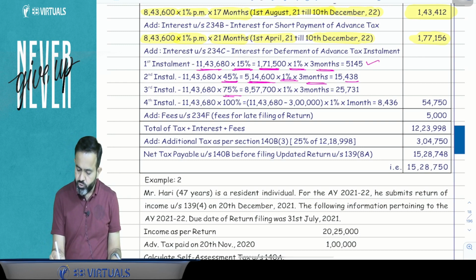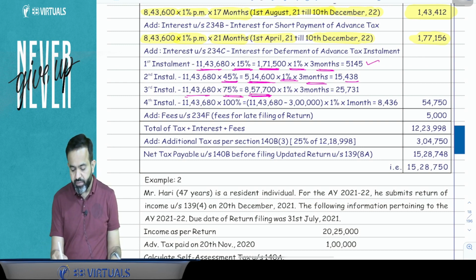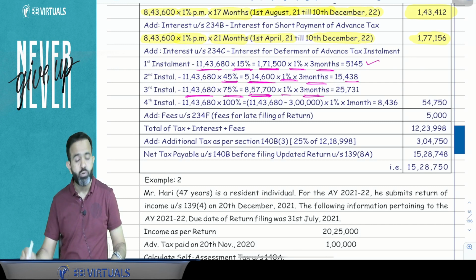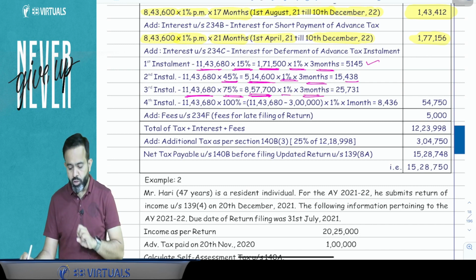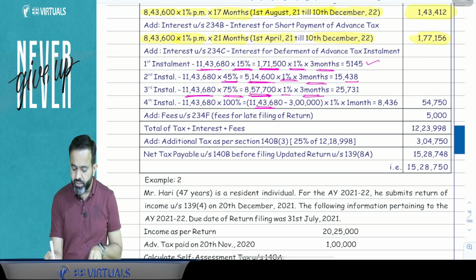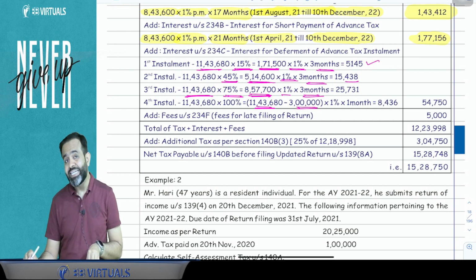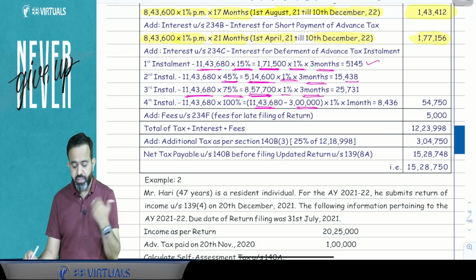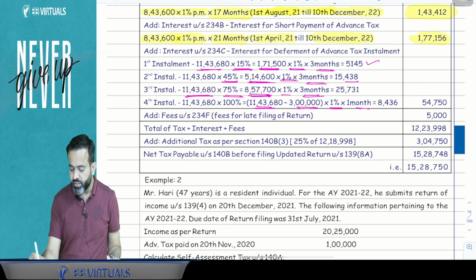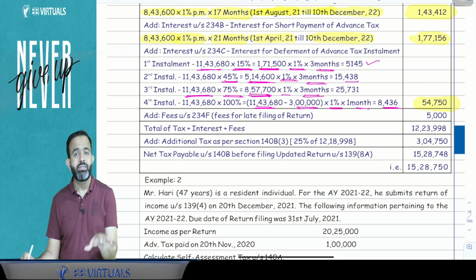Now in the third installment also, on 11,43,680 multiplied by 1% for the 3 months. And guys, last installment before March, you already paid the 3 lakh. So 11,43,680 minus 3 lakh you already paid. So last installment interest will be on the 8,43,680 at the rate 1% for the 1 month, 8436. So this is the interest under section 234C.